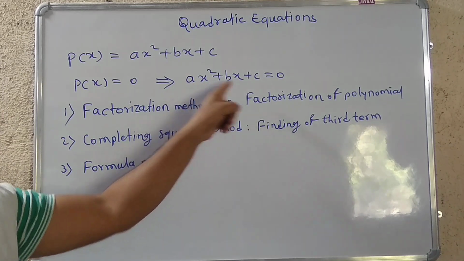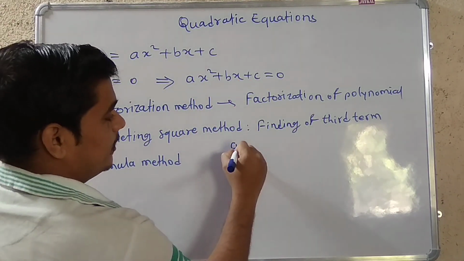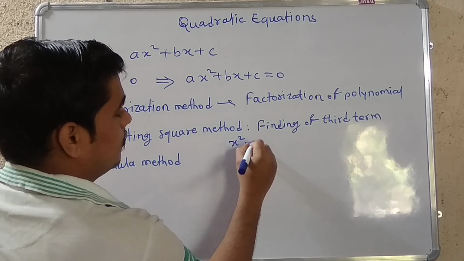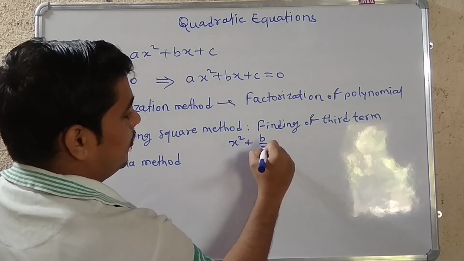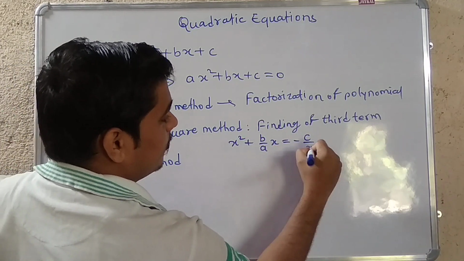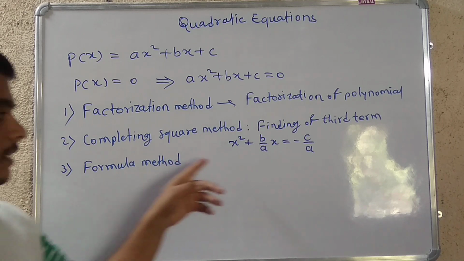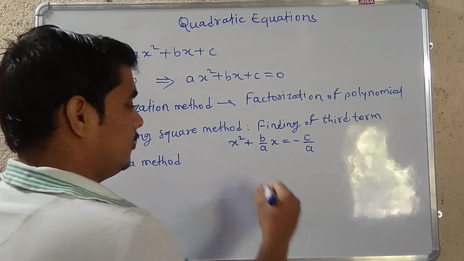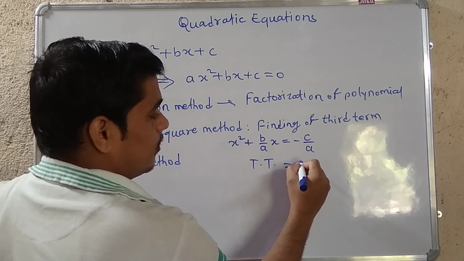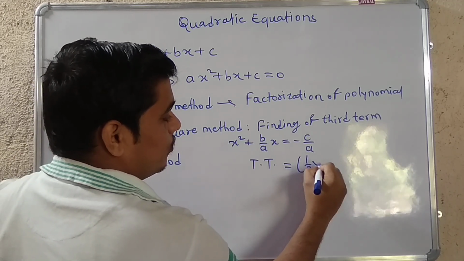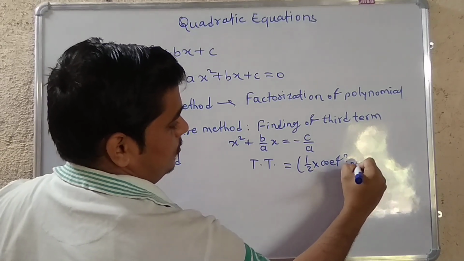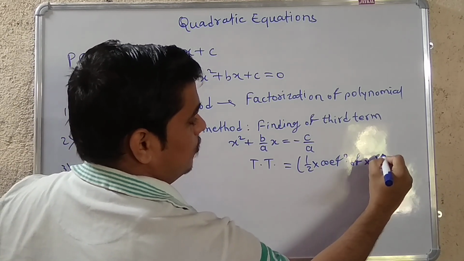Like if this is a given equation, we can write it as x square plus b by a into x equal to minus c by a. If we convert the given equation in this form, then we need to find the third term by the formula: third term is equal to 1 by 2 into the coefficient of x, the whole square.